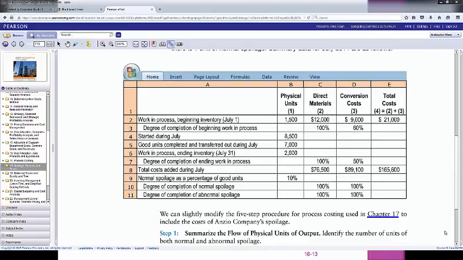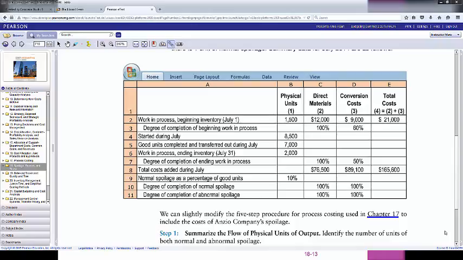Now, if you'll pay attention to those numbers, we've got 1,500 brought over and an additional 8,500 started in the month of July. Therefore, we've got 10,000 units that we need to account for.